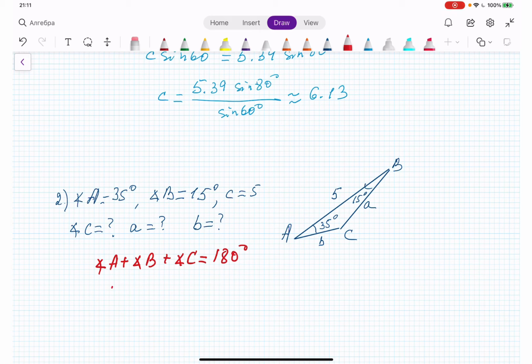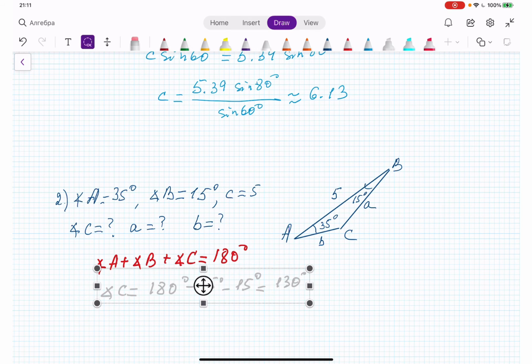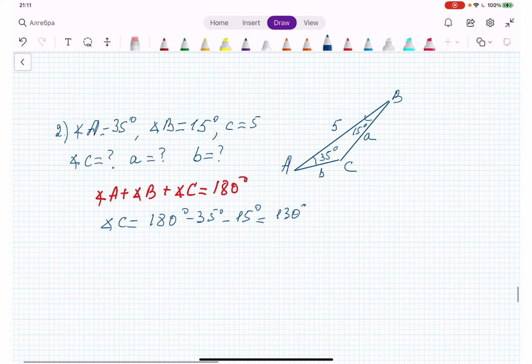So angle C from here is equal to 180 degrees minus 35 degrees minus 15 degrees, and it's going to be equal to 130 degrees. I messed up for some reason, so I put the solution in red. Okay, here we have 130 degrees. So we have angle C already, 130 degrees.